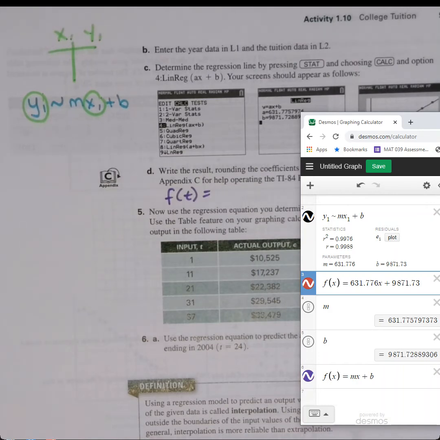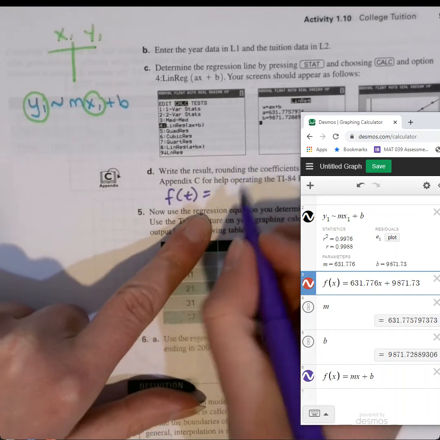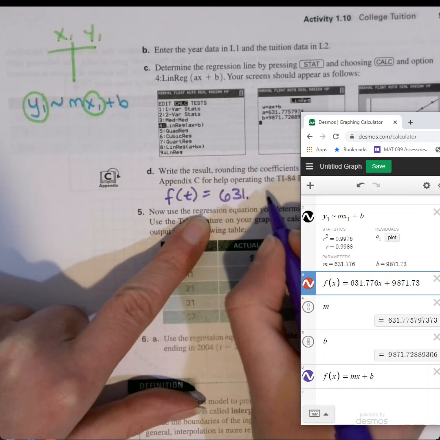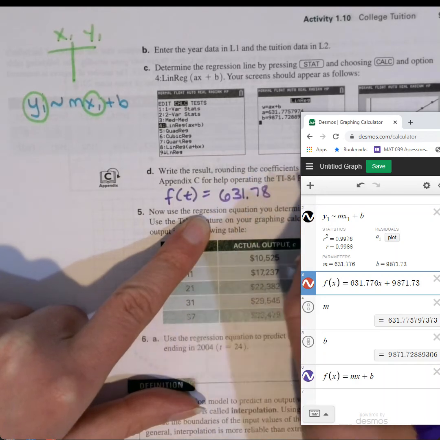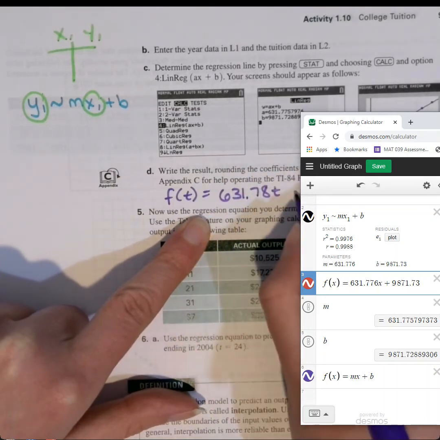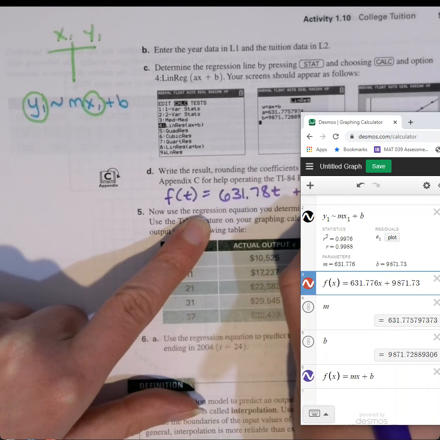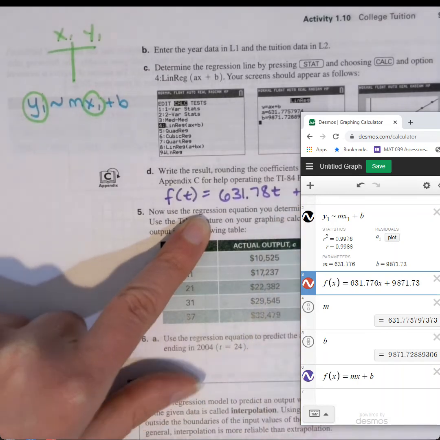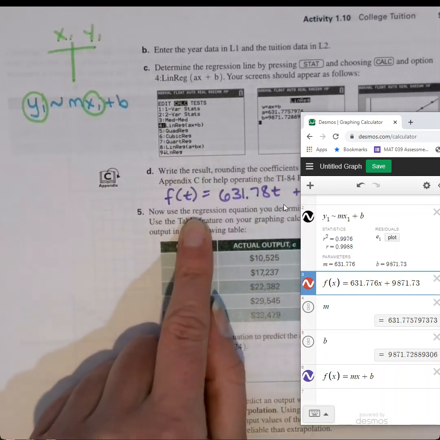So f of t is going to equal 631.78, if I round that up correctly, t plus 9,871, oops, I missed the digit there, 0.73. All right, let me move that decimals back out of the way.